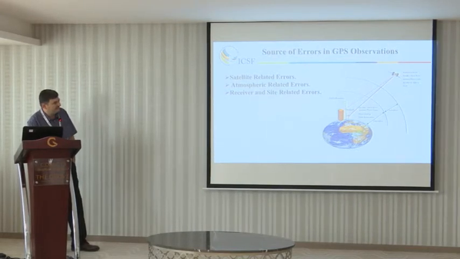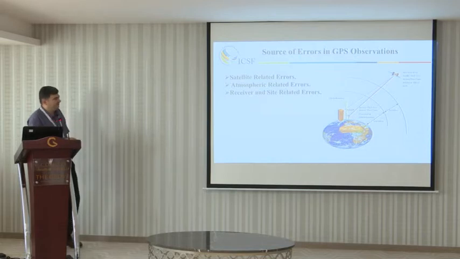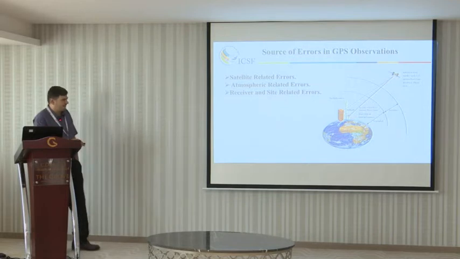You see some reflection from any objects around the receiver, and then the receiver clock. The receiver clock is the main issue because it is not as accurate as the satellite one. My research was just to mitigate the ionosphere effect on the signals. Then we applied it to check the settlement of a building.